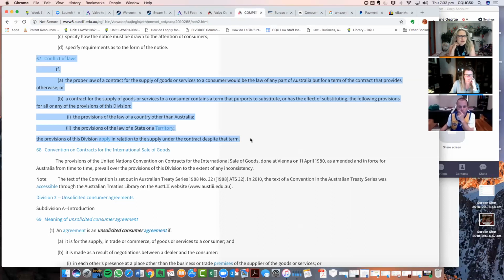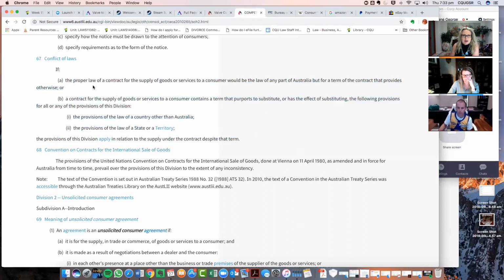And so they look at a number of different indicia to try and work out whether the contract should be more closely aligned with the overseas party and therefore the overseas jurisdiction apply, or whether it's more closely associated with Australia and Australian law should apply.